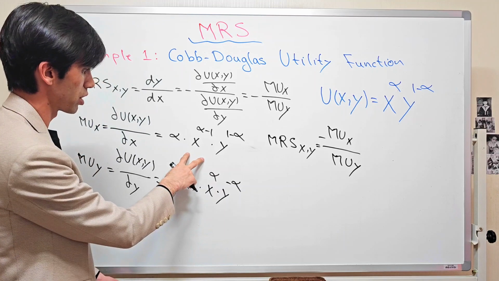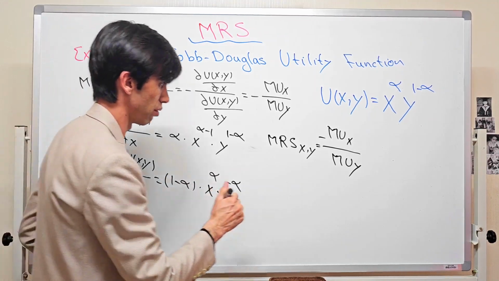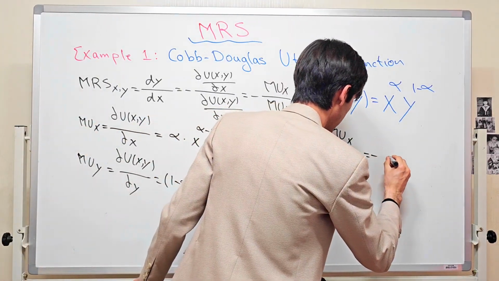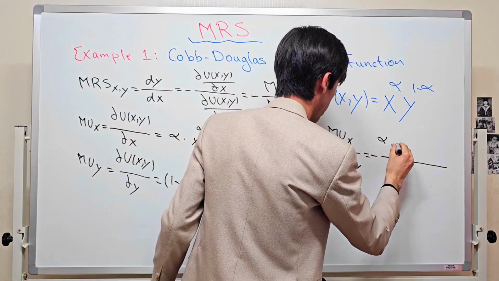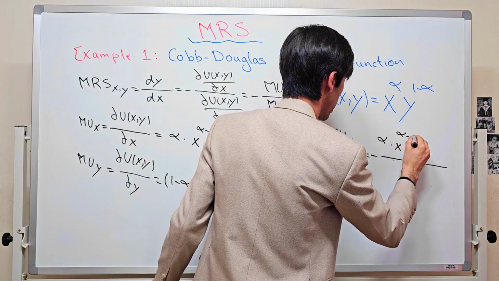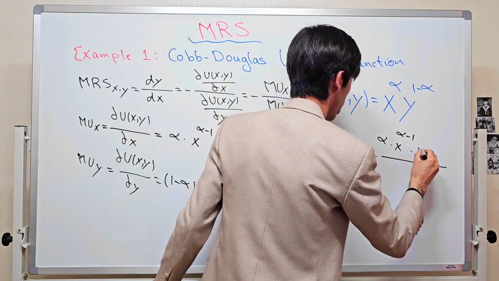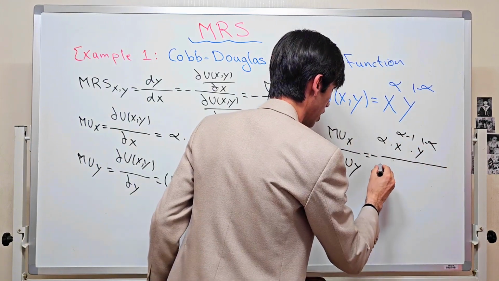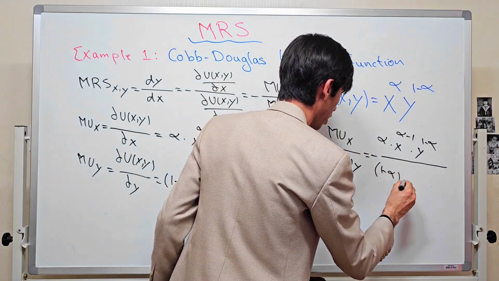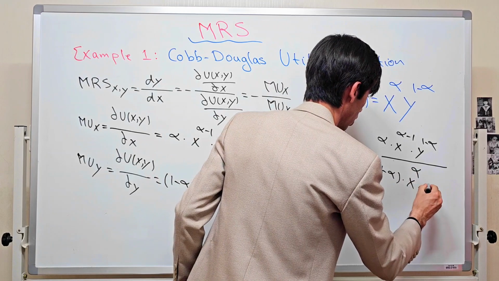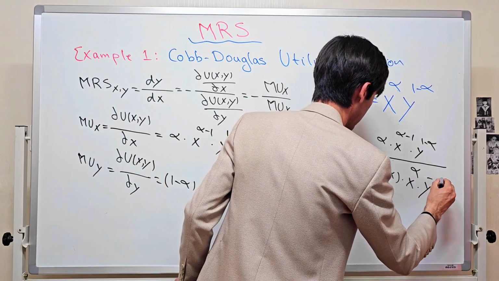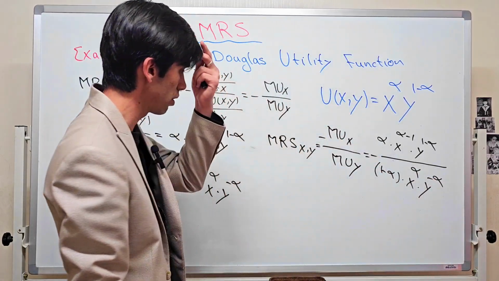So we have minus alpha multiplied by x to the power of alpha minus 1 multiplied by y to the power of 1 minus alpha, divided by 1 minus alpha multiplied by x to the power of alpha, y to the power of minus alpha.